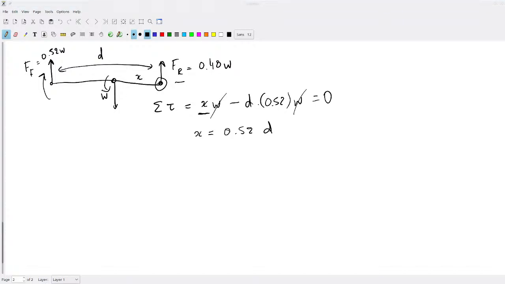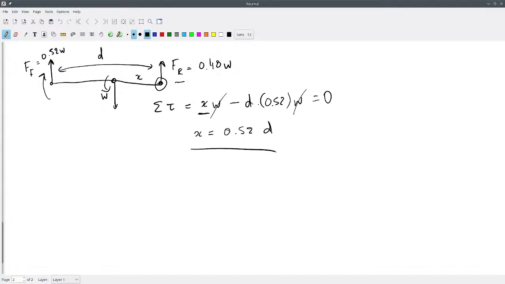If you look at the textbook, you'll see that it does a similar calculation, but from the other pivot points. And of course, it's the same answer. We find that x is 0.52d, which is the same thing we would have found if we picked a pivot point here, or if we picked a pivot point here.